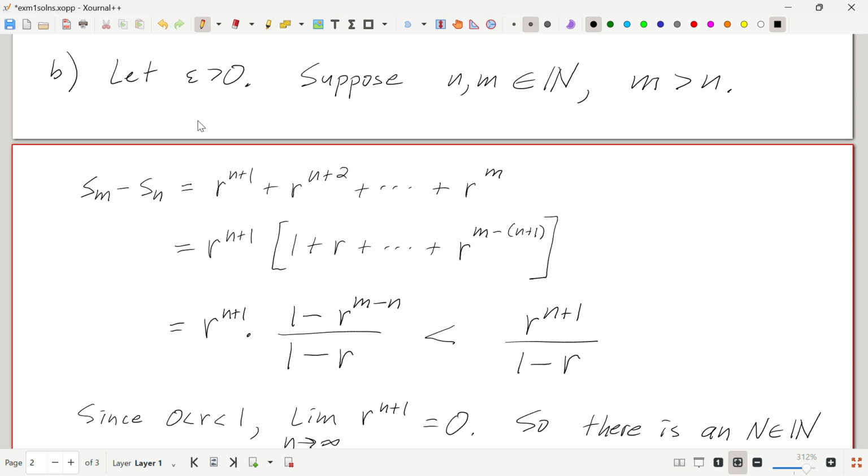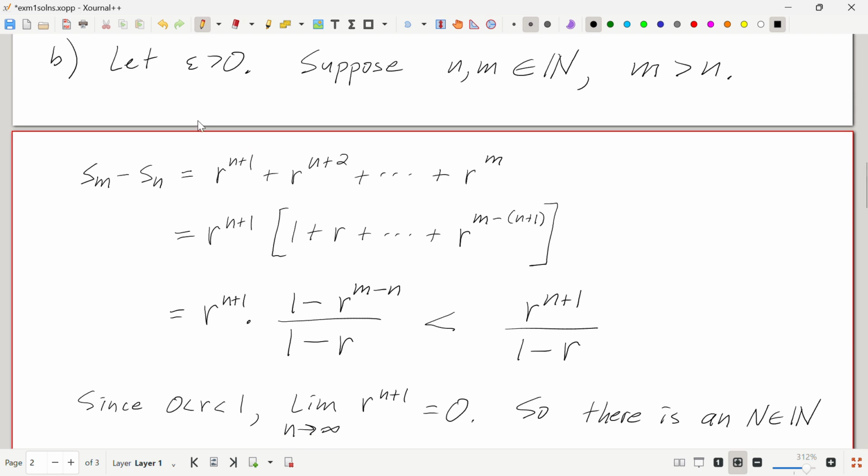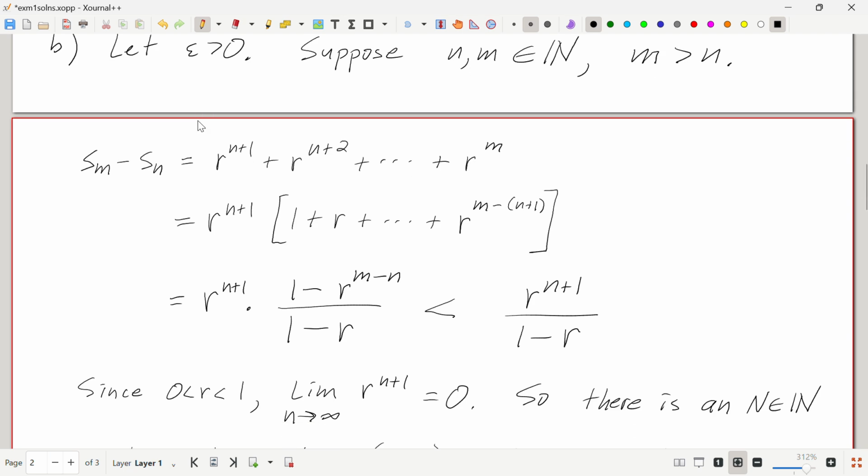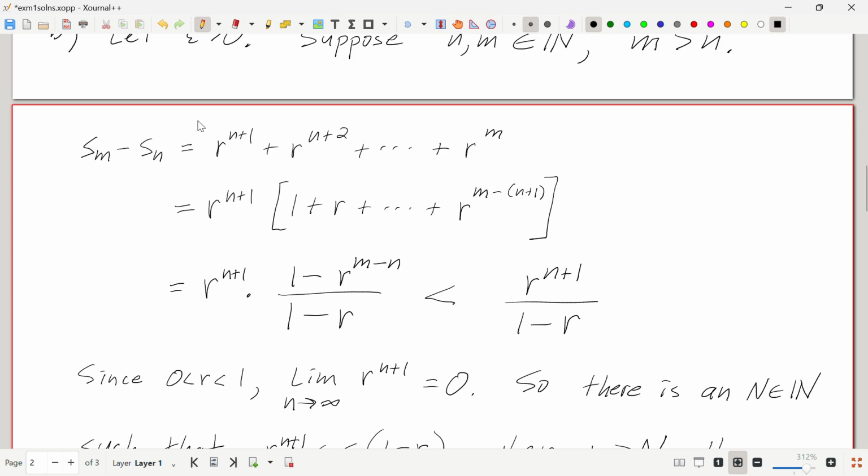But if I write S_m minus S_n, that would cut off the beginning of the sequence out to n. And I'd be left with a geometric sequence that starts at r^(n+1) and goes out to r^m. And like in part A, I can factor out that first term.